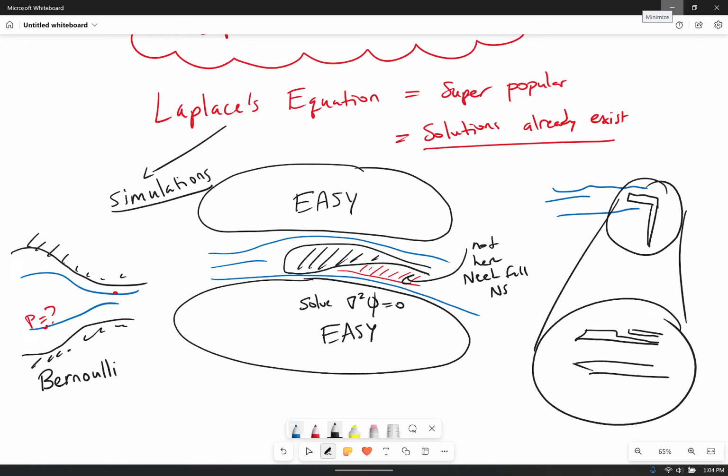And so I have the fluid flow going down both places, in here and in here. And I can use that to measure velocity. So I'm using Bernoulli's to measure velocity here.